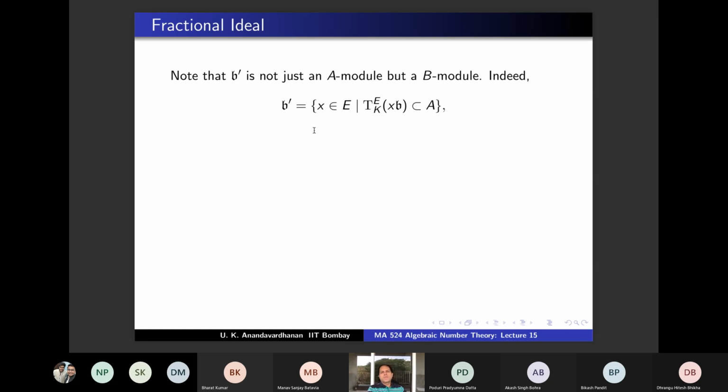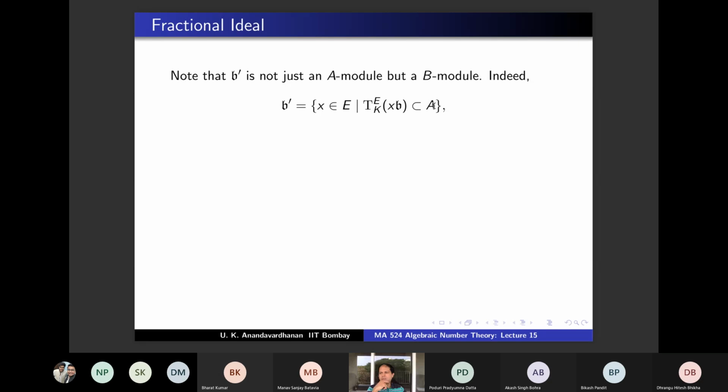Why is that? If you take X in B, then X belongs to B prime, because if you take X in B, then X times B is contained in B, and the trace of an element of capital B belongs to A. Why is that?